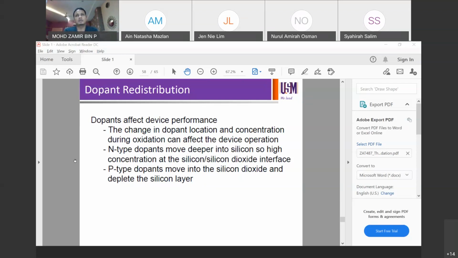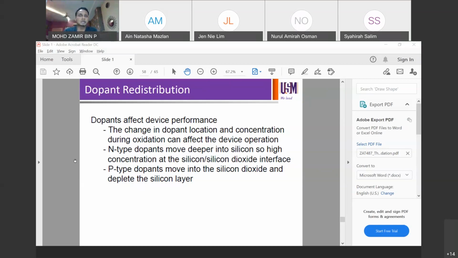So you need to know the dopant concentration and profile before the process, as you intended and as you got after your diffusion process, which we're going to learn about later on. And you need to know the doping concentration and profile after the oxidation process, because redistribution has just happened.